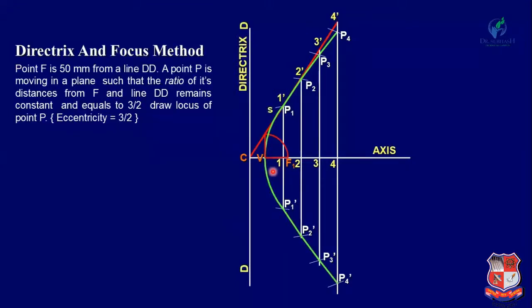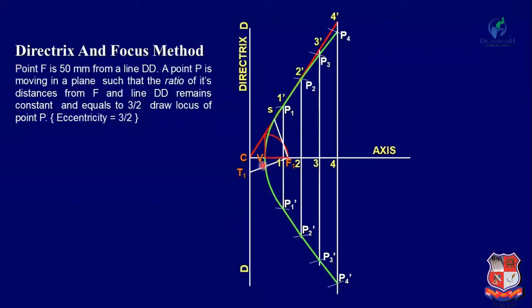You will get the hyperbola. Now if you want to draw the tangent and normal at a point S on this hyperbola, first of all join S with F1 and draw a line perpendicular to SF1.